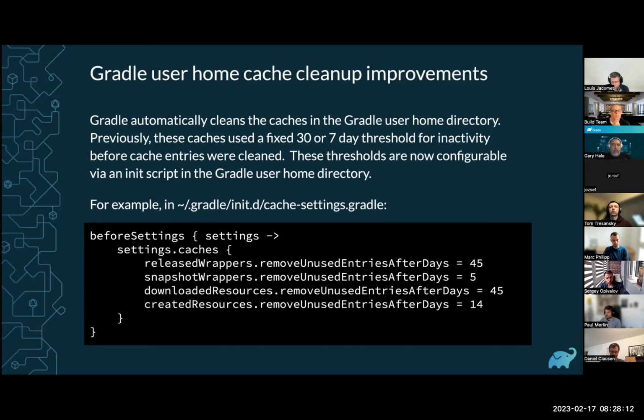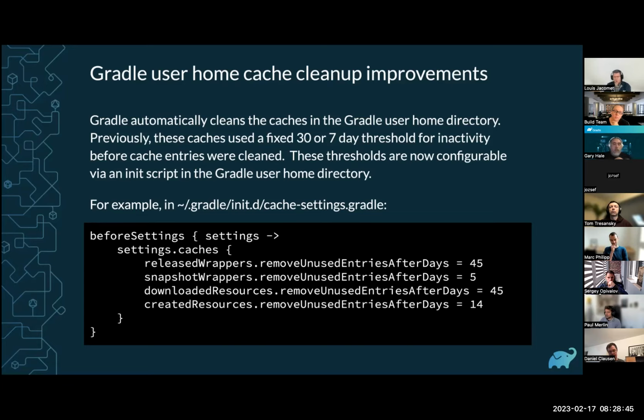We've broken them down into two higher-level categories, and ultimately there are 4 different settings available to you. The first are version-specific caches, the released wrappers and snapshot wrappers. They correspond to version-specific caches associated with a particular distribution of Gradle. When you use the wrapper, it downloads a distribution of Gradle and drops it into your Gradle home directory.